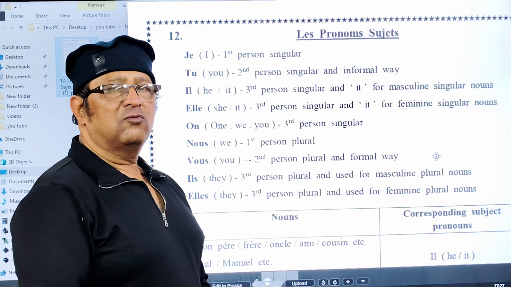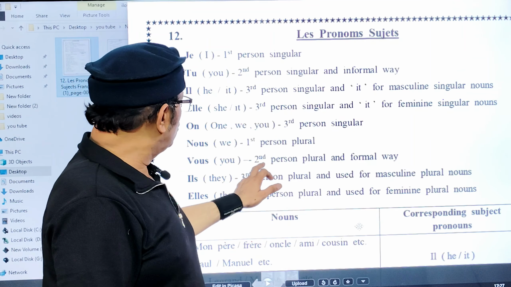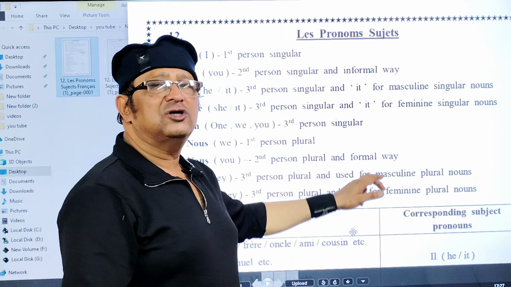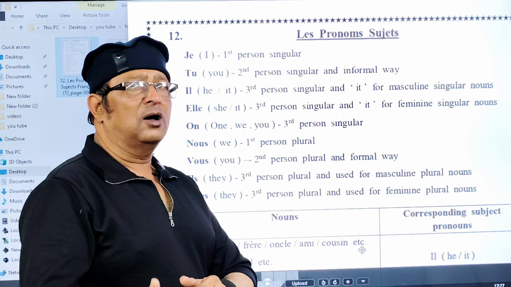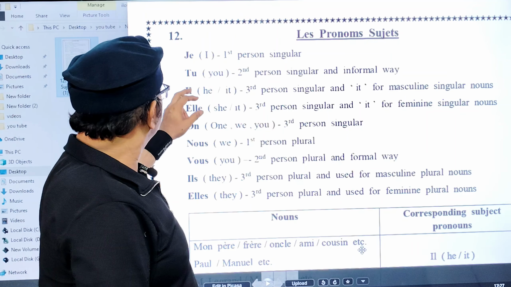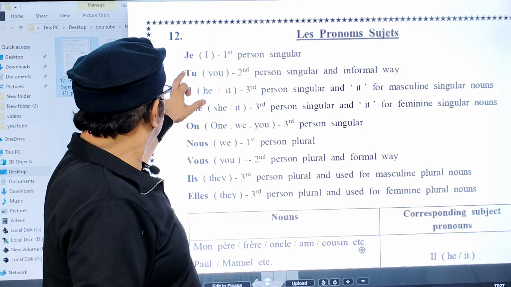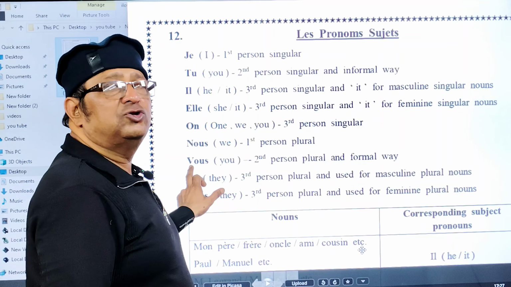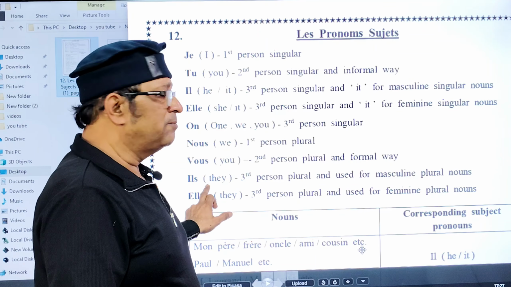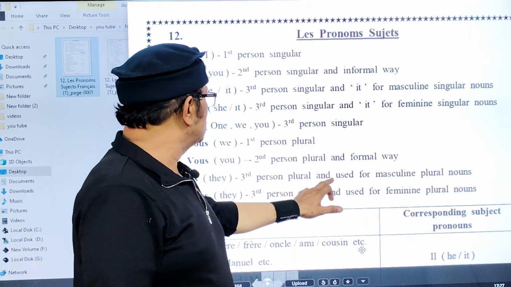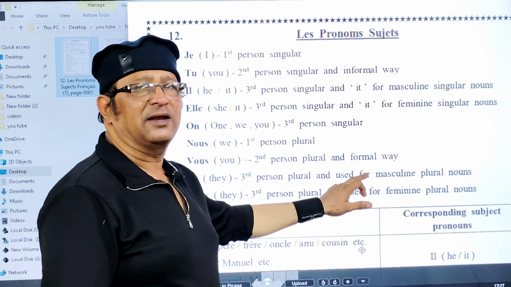Then vous means again you, second person plural form, and this is formal way. We use this vous with elder ones, so you can see here vous is plural form of tu. Then ils, pronunciation will be il. They, third person plural form and also masculine.